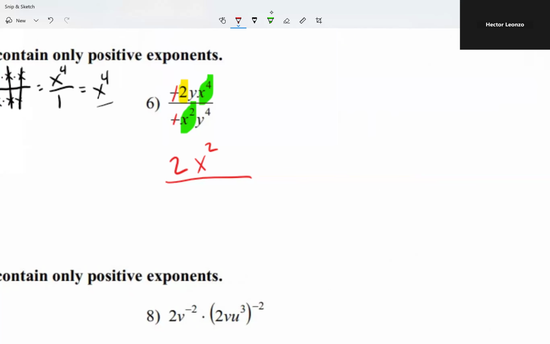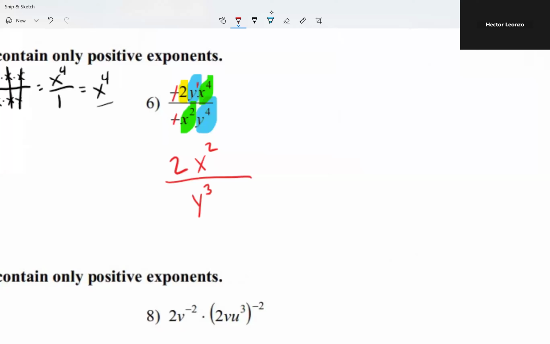Because on y's, the higher exponent was on top. Now, let me take a look at the y's. This is a y to the 1 and y to the 4th. Let me write my 1 so I see it. Okay, I have to subtract my exponents, right? 4 minus 1 is 3. The higher exponent is at the bottom, so I'm going to write a y to the 3 at the bottom.